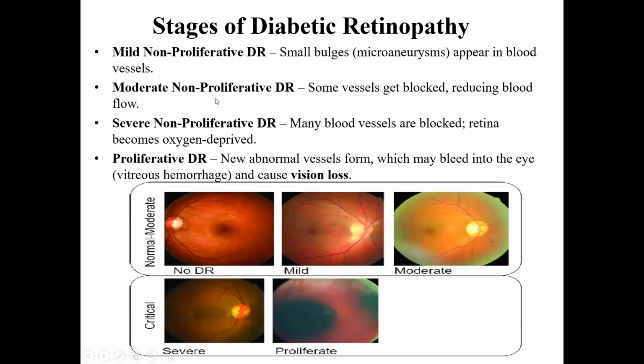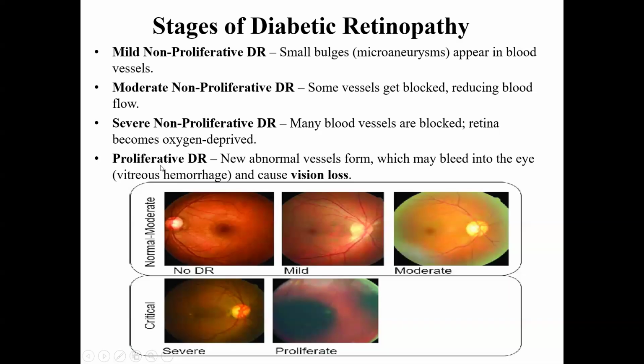Next, we have moderate non-proliferative diabetic retinopathy. Here, some of the vessels, that is, the aneurysms that were created, get blocked, leading to reduced blood flow. Next is the severe stage, where many blood vessels will be blocked and the retina becomes deprived of oxygen.